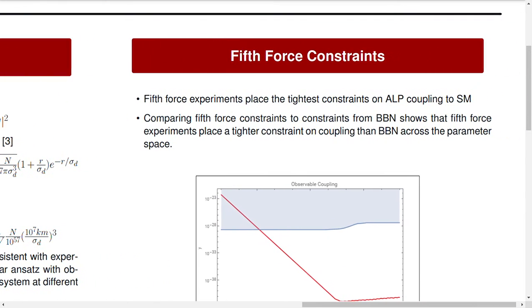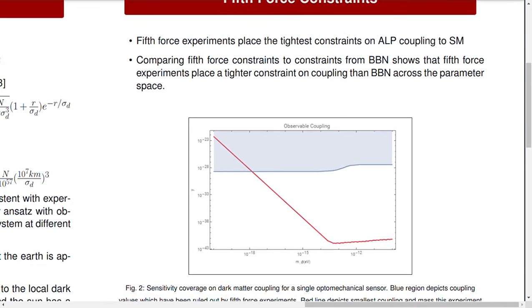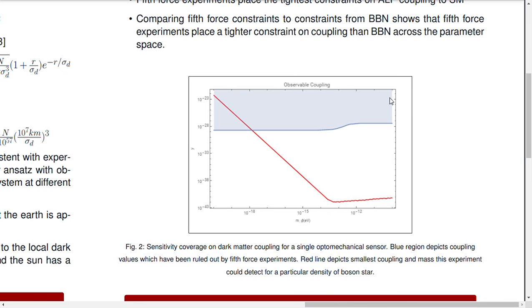We also look at constraints on coupling from fifth force experiments. Comparing fifth force constraints to constraints from BBN shows that fifth force experiments actually place tighter constraints on coupling than BBN across the parameter space we're looking at. As you can see in this graph here, this blue region represents coupling values and mass values which have already been ruled out by fifth force experiments.